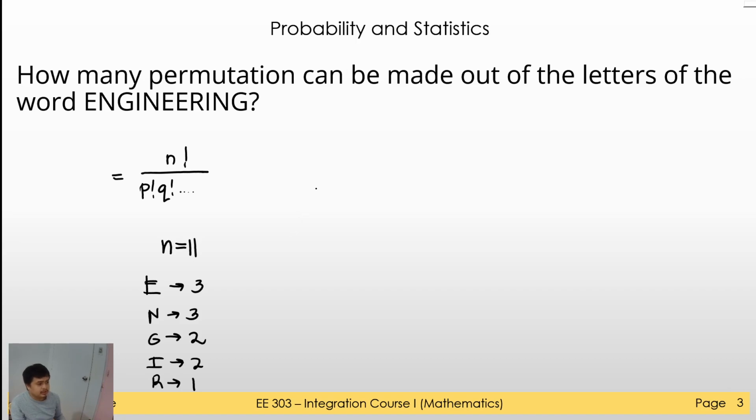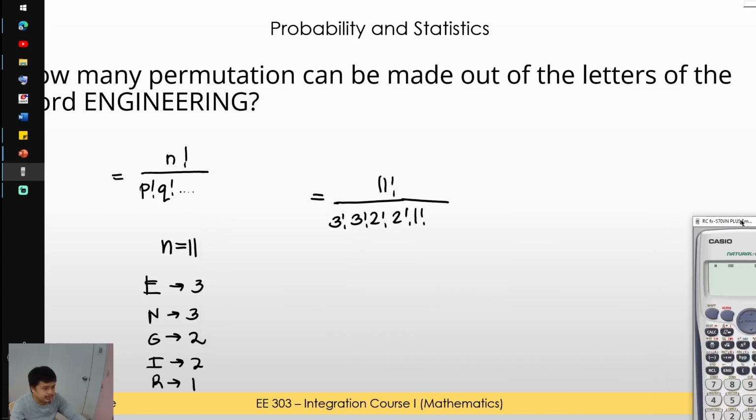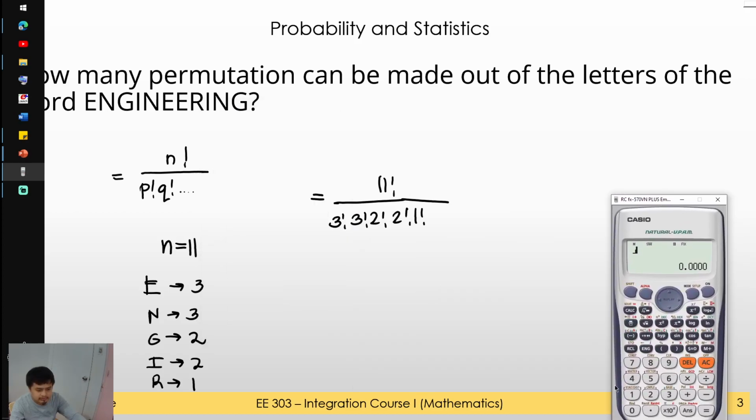So to find the permutations of this, we have 11 factorial over 3 factorial, 3 factorial, 2 factorial, 2 factorial, and 1 factorial. Let's input this in our calculators. We have 11 factorial, and then 3 factorial multiplied by 3 factorial multiplied by 2 factorial multiplied by 2 factorial.